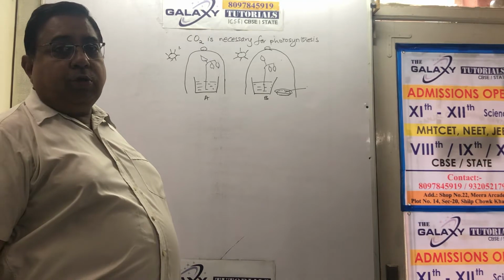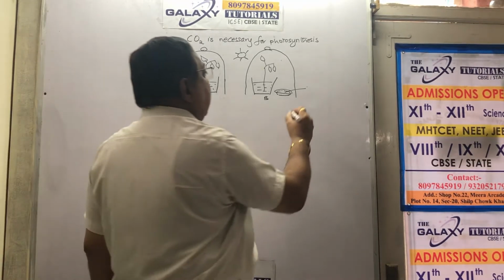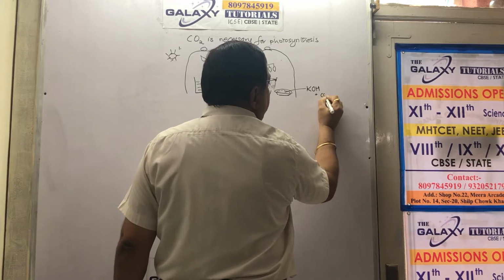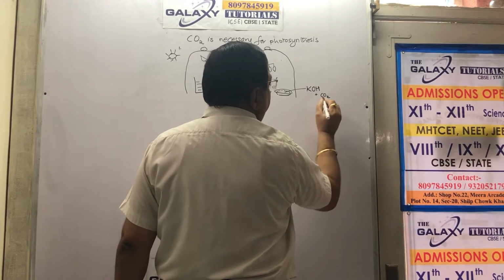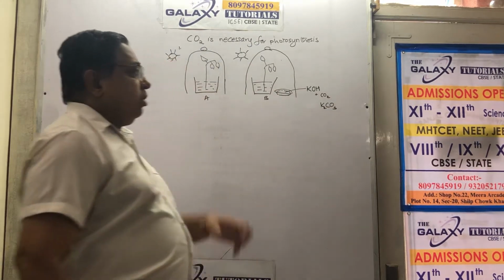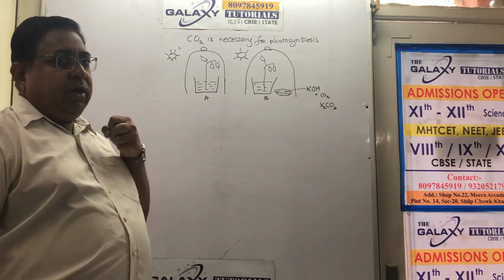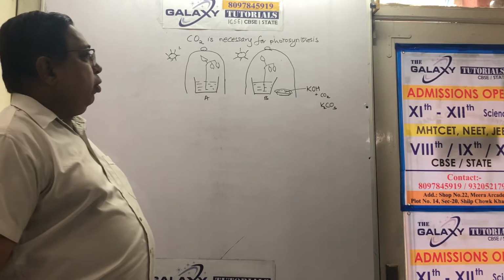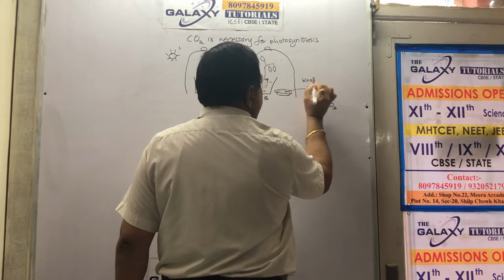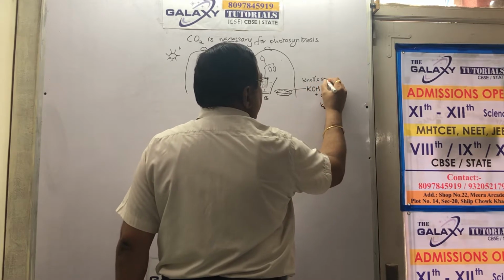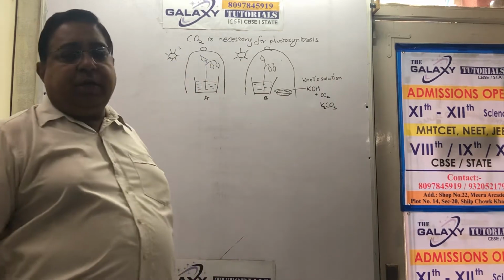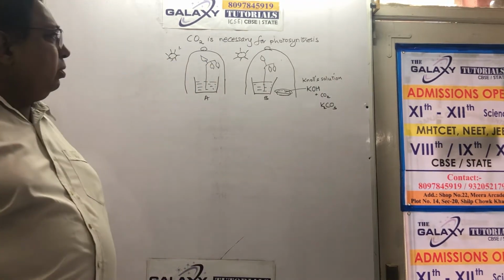We take hydroxide because hydroxide will react with carbon dioxide to form potassium carbonate, and carbon dioxide will be absorbed, taken out. So I have kept a plate of KOH. Potassium hydroxide is also known by other names, such as caustic potash, and various names are used.